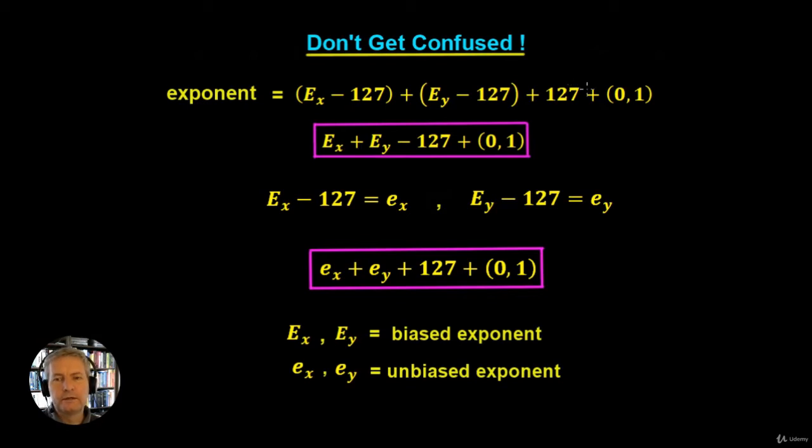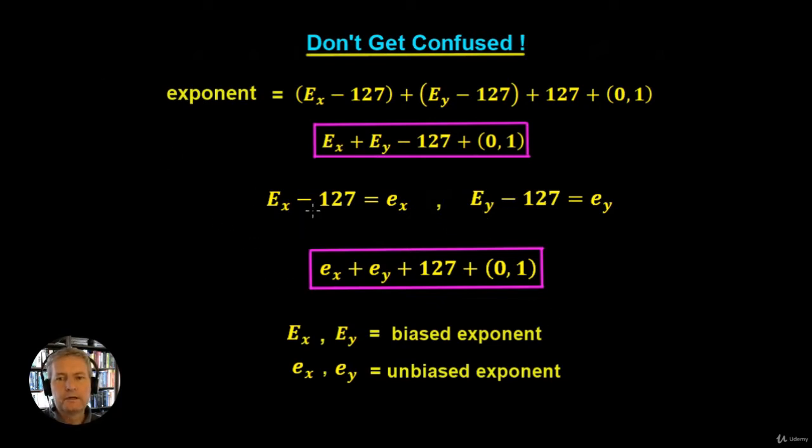And we've also seen that in the normal times the normal, we may have to add on a value of 1 or 0 depending on whether we have to normalize the result. So we've seen that in the last video and we got this answer here, and this is how you actually work out the exponent values. That's how you work out the new biased exponent value, meaning the actual number that you put into the 8-bit exponent in your floating point number.